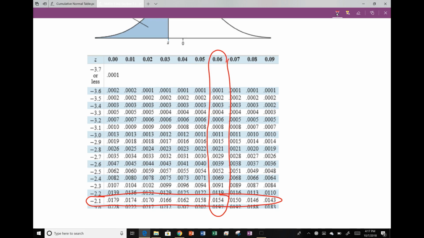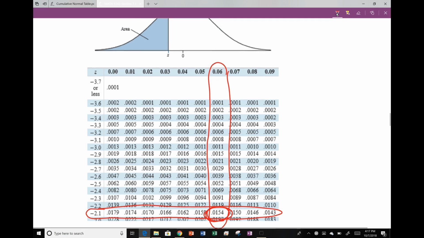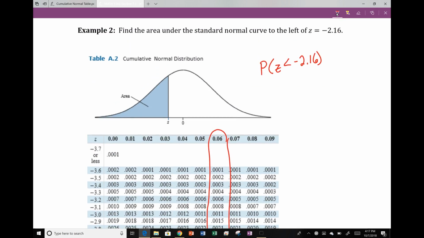And I look at where they intersect. Right here, 0.0154. So the probability that z is less than, or to the left of, negative 2.16 is 0.0154. Remember, you're always looking for that intersection when you're looking at this table.